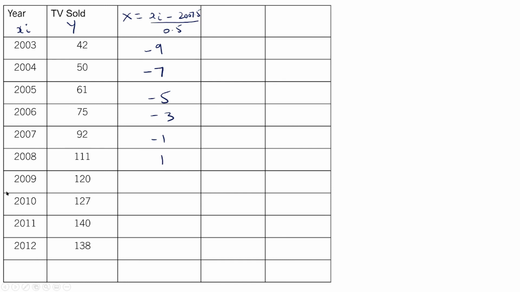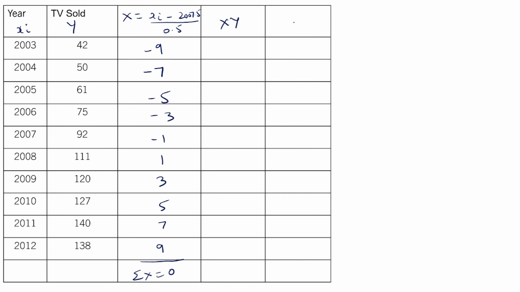For 2009 it is 3, 2010 it is 5, 2011 it is 7, and for 2012 it is 9. Again we get summation x as 0. Only then in the normal equation can we substitute summation x as 0 and find a and b.